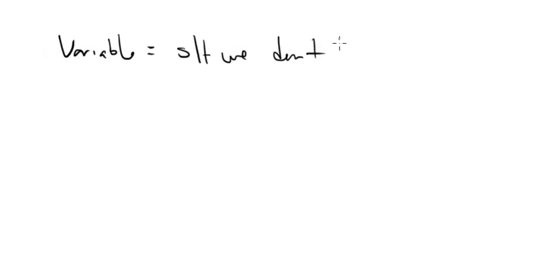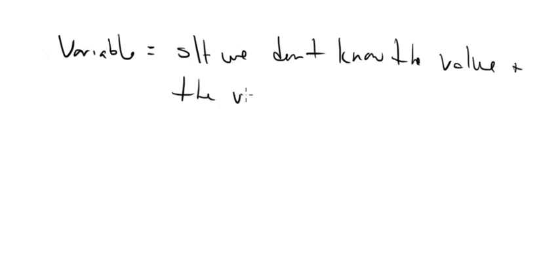Okay, so write this down: a variable means it's something we don't know the value of, and the value can be different for different problems.